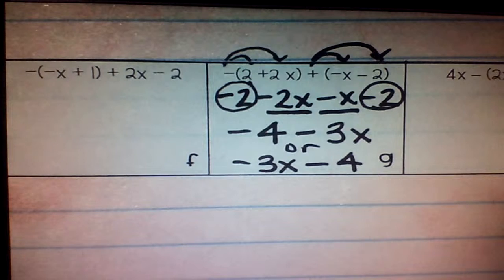Okay, so what is that? This one matches this one. So you're gonna put A and D. Fantastic.